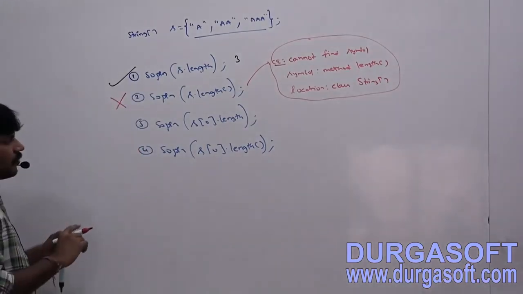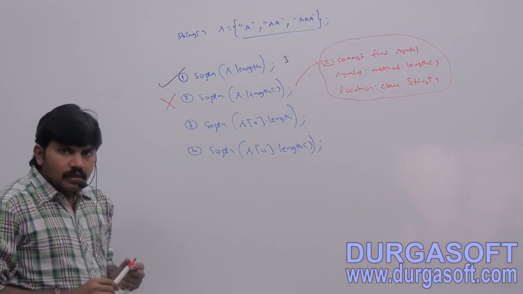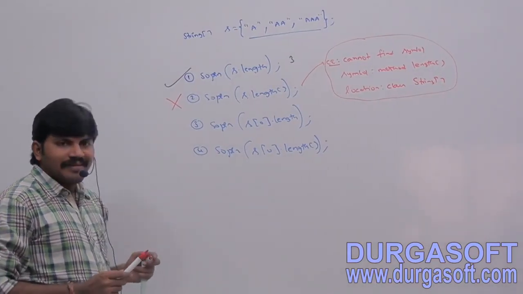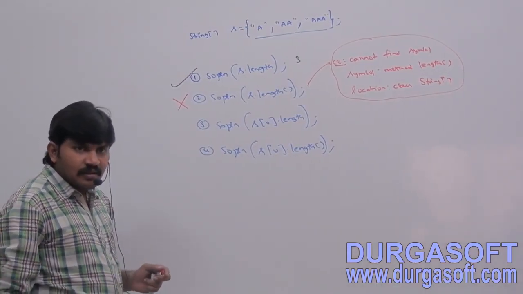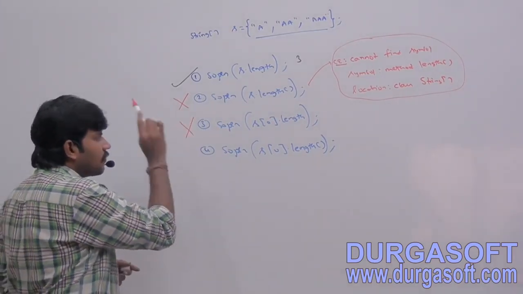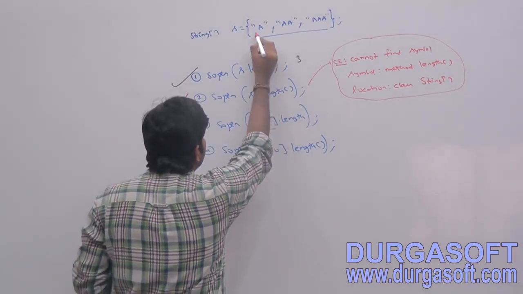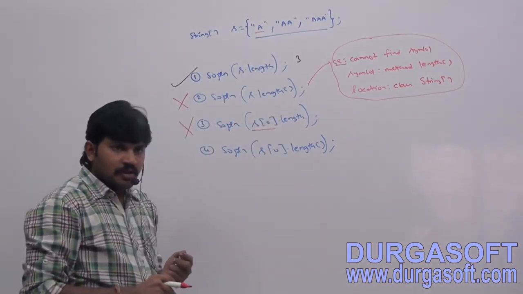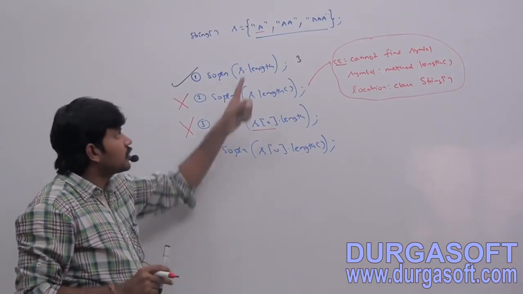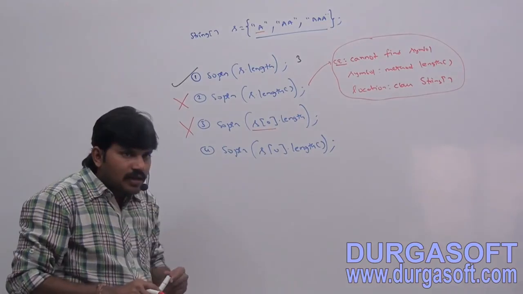Now, s of 0 dot length variable, valid or not? Is it valid or invalid? Compile time error we are going to get. s of 0 is nothing but the first element in that string array, a string. For a string, is the length variable applicable?